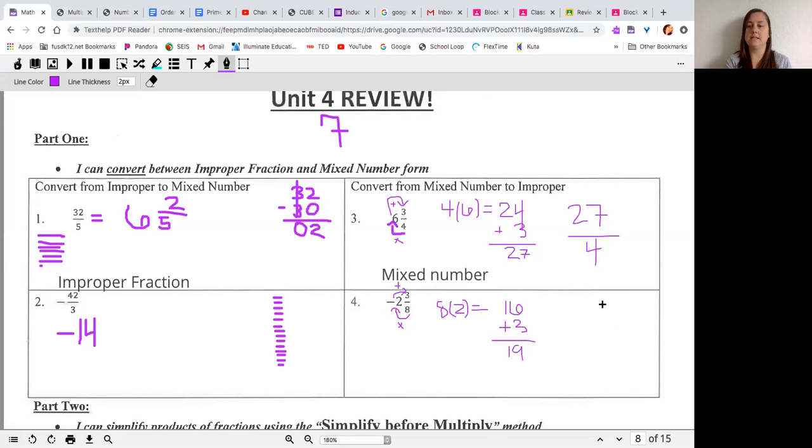So 19 is the numerator. And what is the denominator? 8. 8 is still the denominator. It does not change. And then I have to bring back my negative sign. Okay, so -2 and 3/8 is equivalent to -19/8 or 19 over 8, whichever way you are more comfortable saying it.